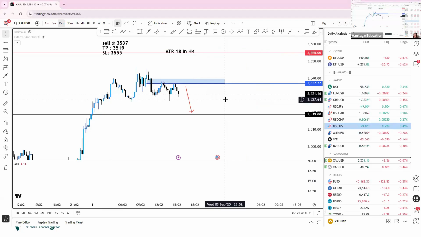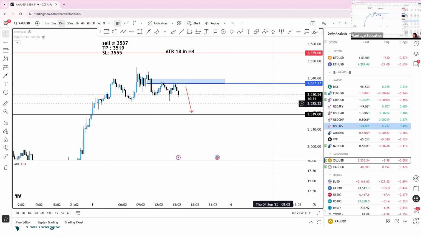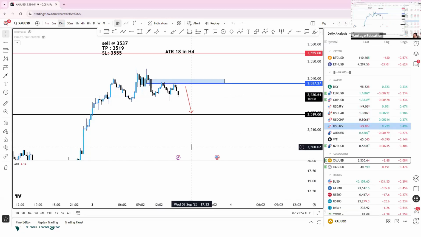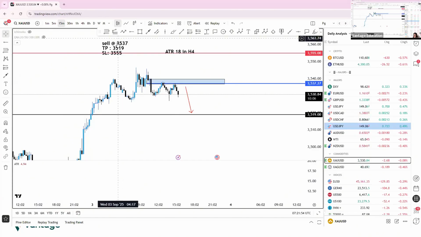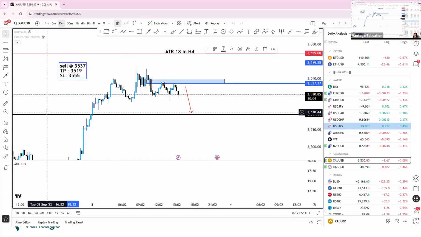What if you say the stop loss is too far, it's about 200 pip, this is also 200 pip, you think it's too far? What you can do is, let's say you trade on M15, your entry at 3537.